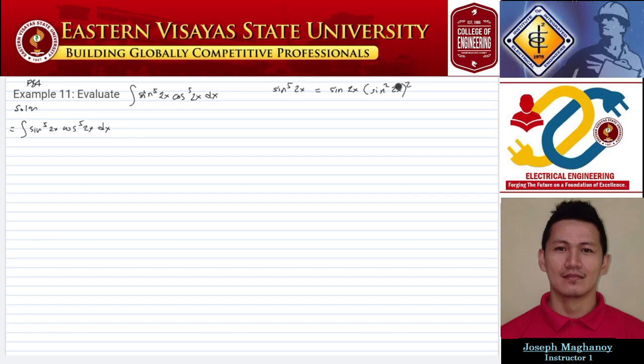If we expand the power, it becomes 4 plus the power 1, so still sine raised to 5 of 2x. We just reduce and expand it to be more convenient, so we can easily replace it with some identities and use the substitution method.